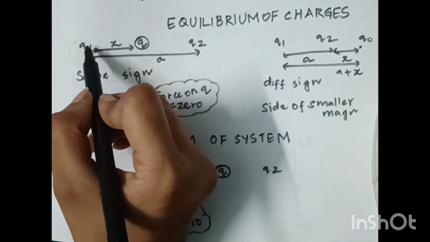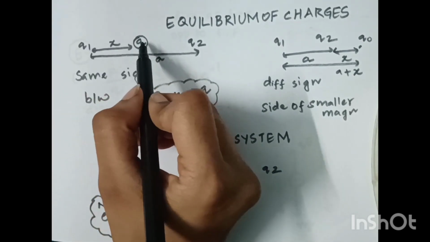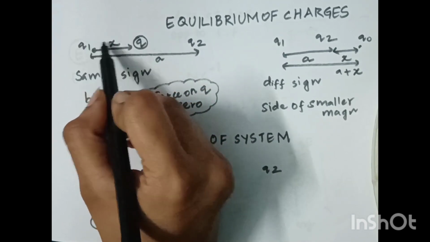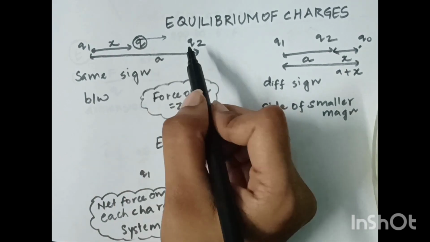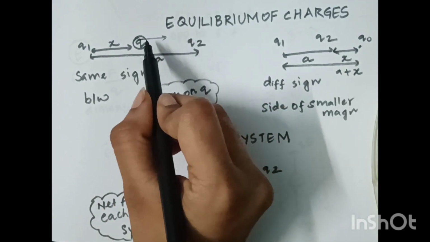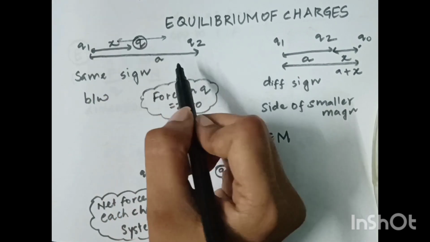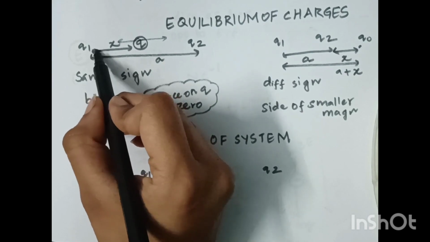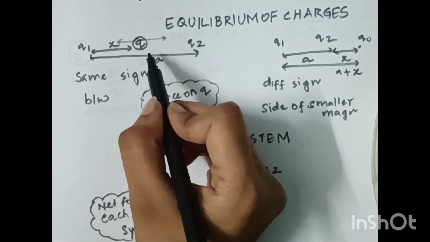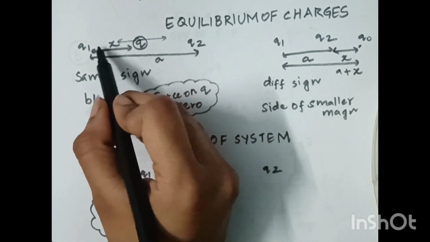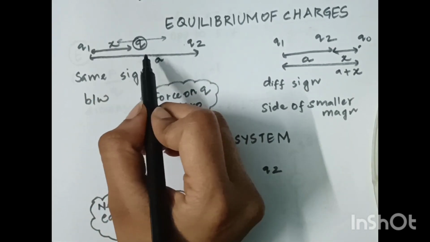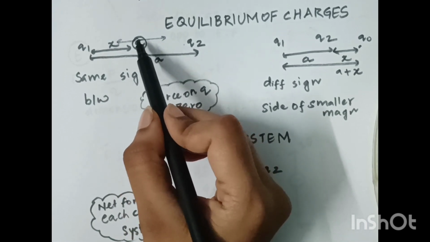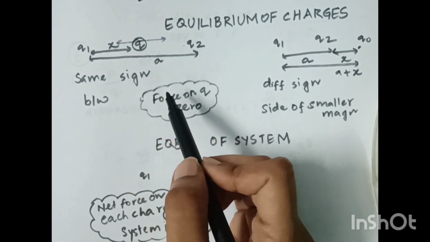Because of q1 it will be repelled in this direction, and because of q2 it will be repelled in the opposite direction. Depending upon the distances between q1 and q, and q2 and q, at one point somewhere in between these two charges, the force on q will be 0. At that point we can say the charge q is in equilibrium.